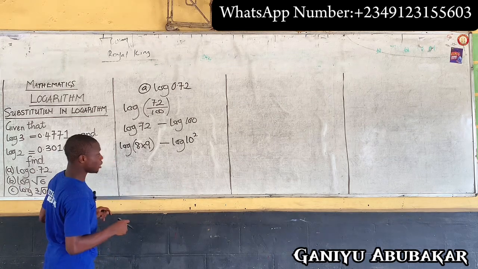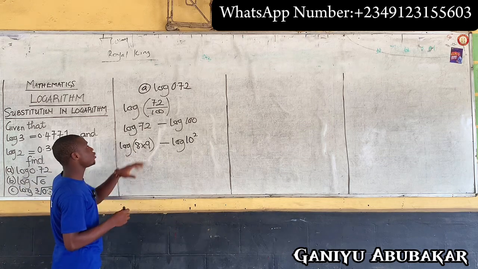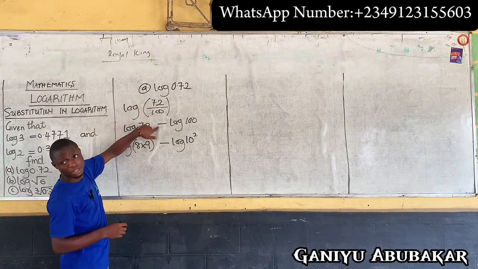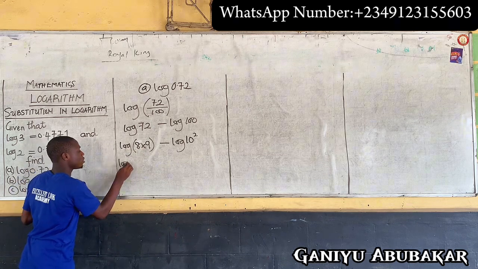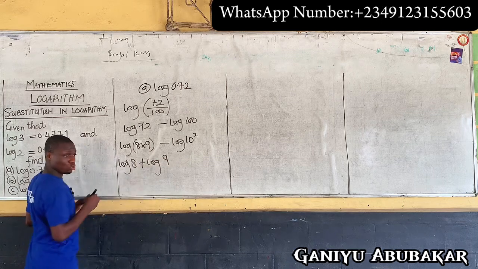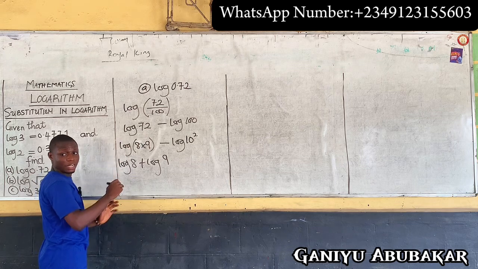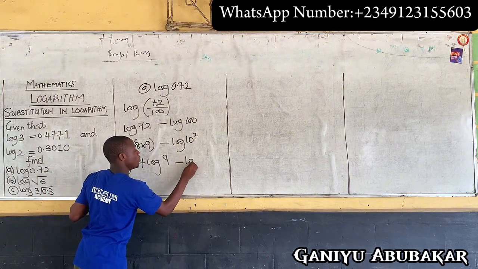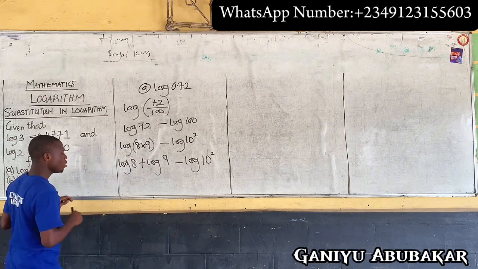Initially I took division back to minus; now times becomes plus, so this becomes log 8 plus log 9, minus log 10 to the power 2.